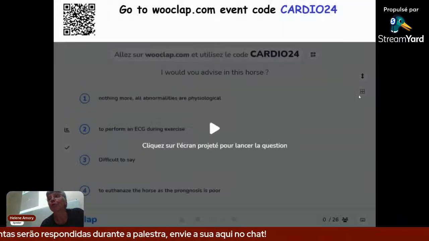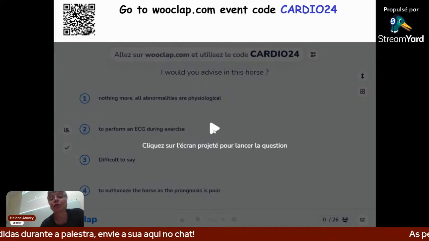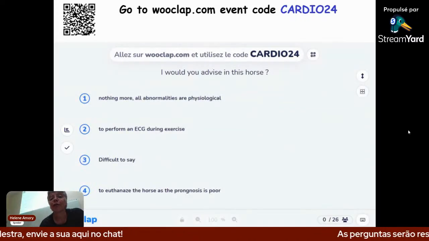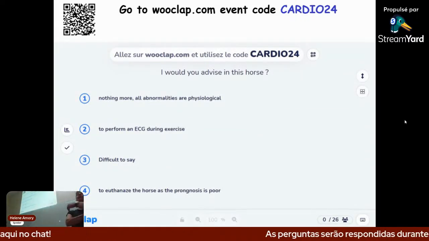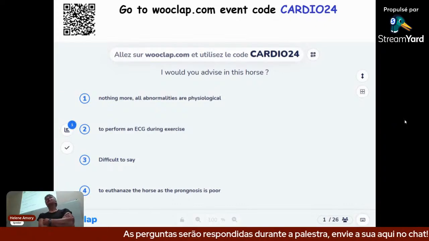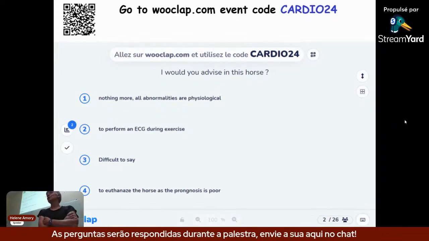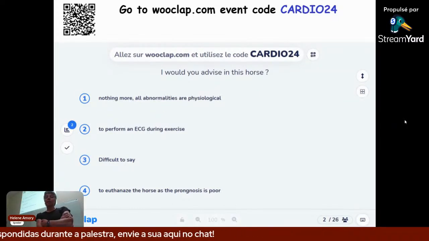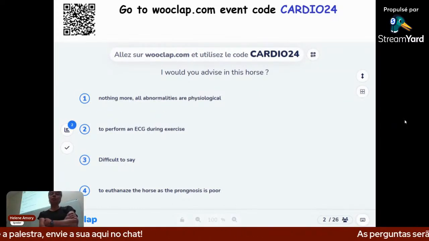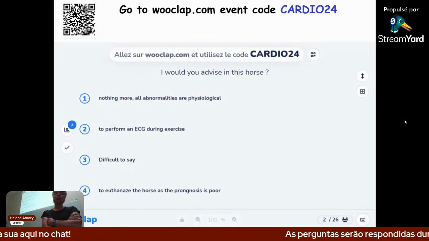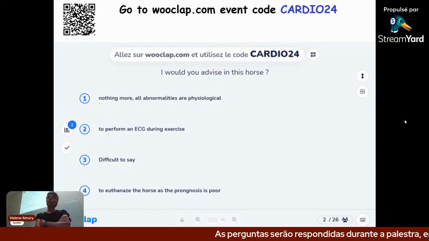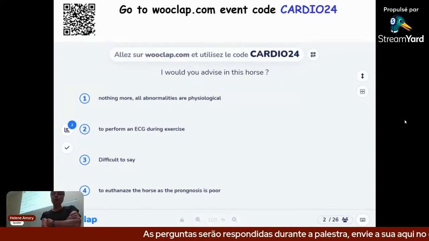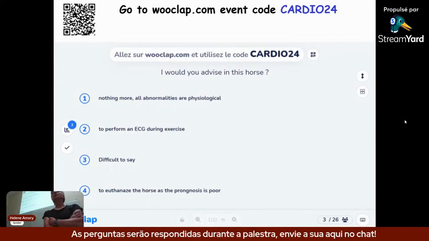What's your opinion on this horse? Are you favorable or not favorable to continue exercise with this horse? You remember it was because it was vaccinated that we heard the murmur. What do you say? Do nothing more? Do an ECG during exercise? Difficult to say, or euthanize the horse directly because the prognosis is poor.